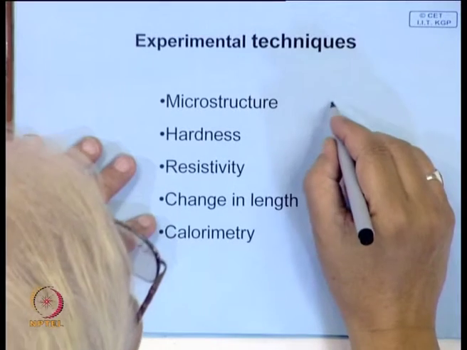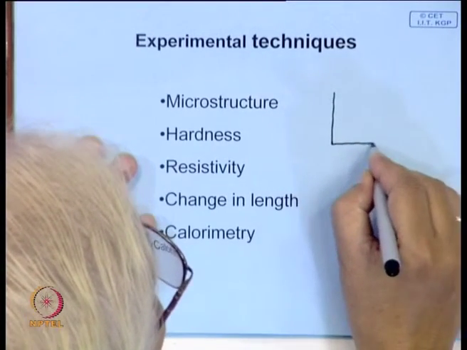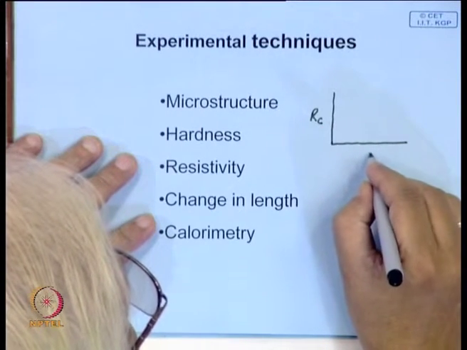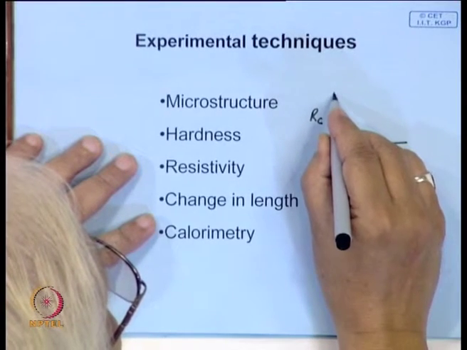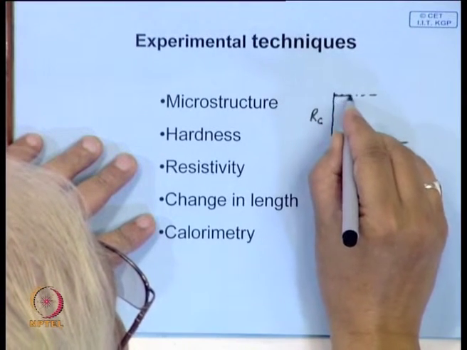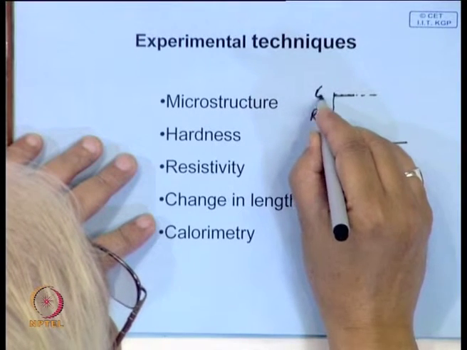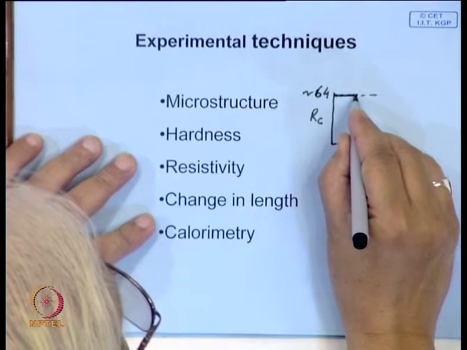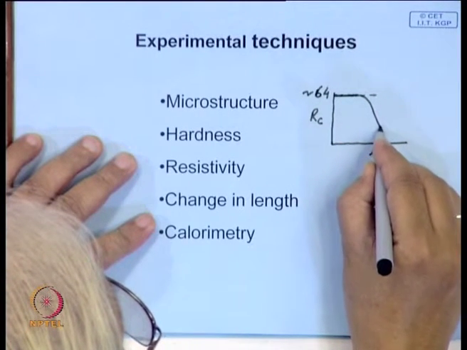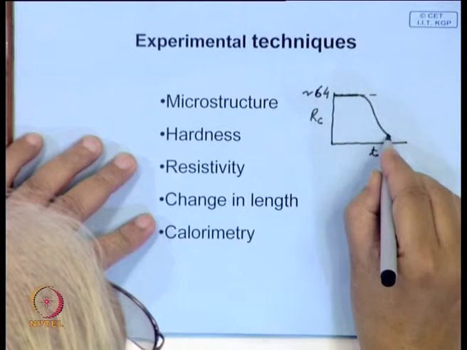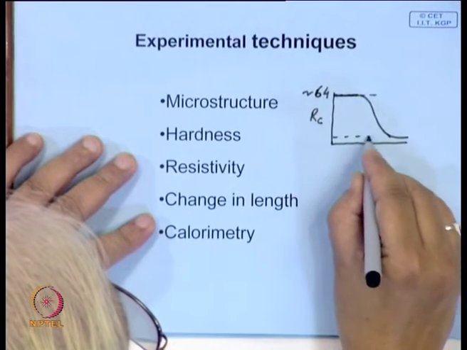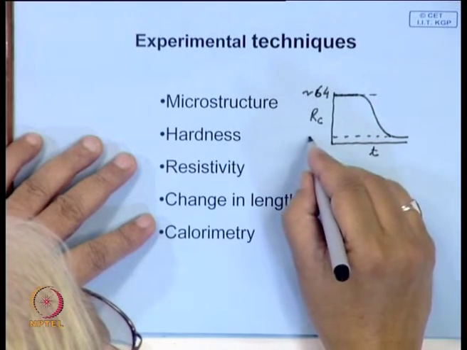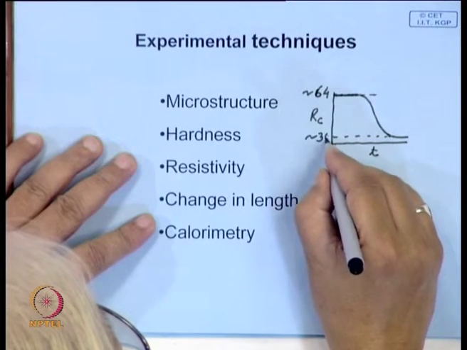So, in fact, if you plot this hardness, say suppose you measure this hardness in the Rockwell C scale, and here is the time. So, initially when you quench, up to some time you will find that hardness is possibly around RC 64, and it remains, and thereafter it starts decreasing with time, and finally it levels off to some lower value depending on that isothermal temperature, which may be around RC 30.